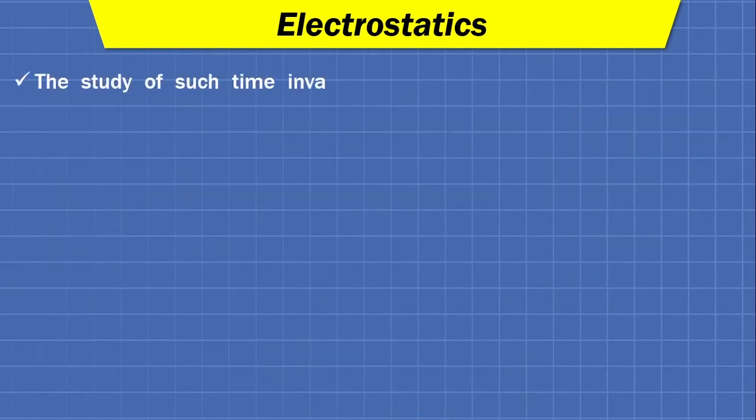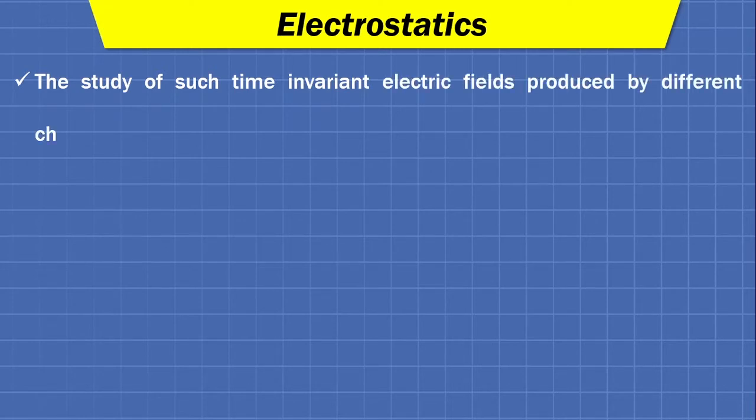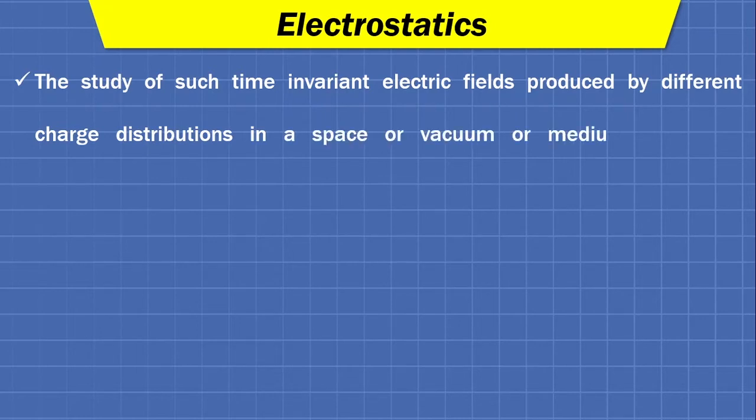The study of such time invariant electric fields produced by different charge distributions in space, vacuum or mediums is called electrostatics. So ultimately in electrostatics we will study the phenomena related with such time invariant electric fields.